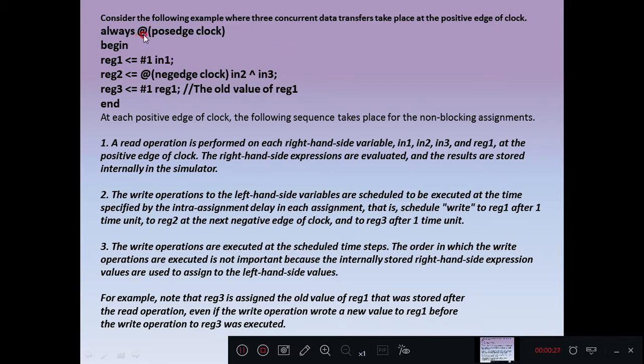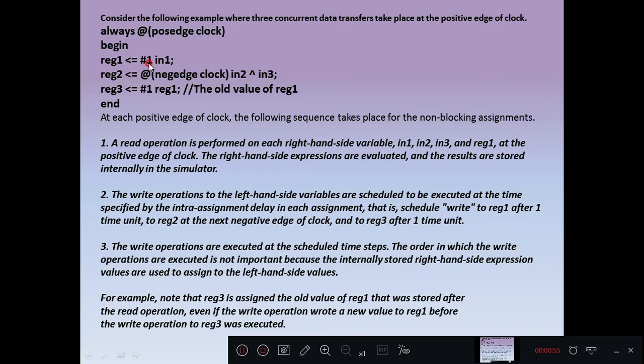If you observe the example code, always at positive edge of the clock, begin. Here you are assigning registers REG1, REG2 and REG3. These are non-blocking assignments, using less than or equal to.